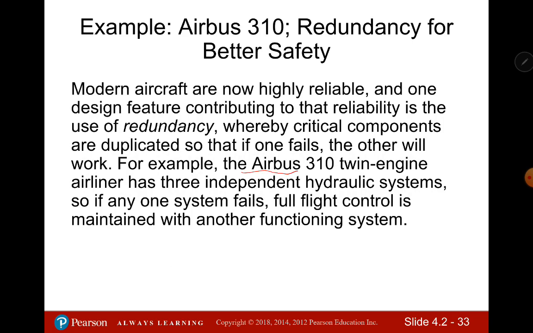This Airbus 310 has 3 identical hydraulic systems, which means if one of the systems fails, another system will do the same thing, right?